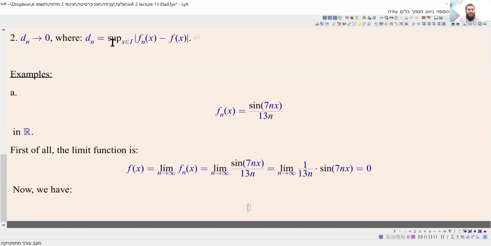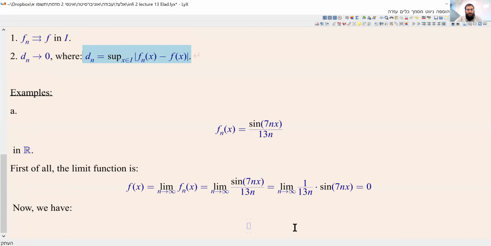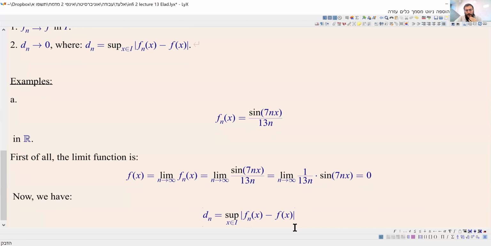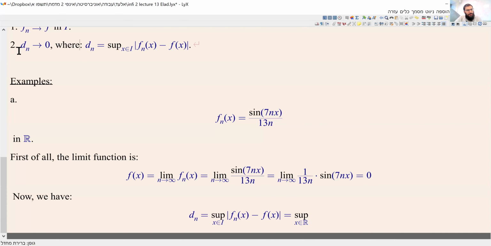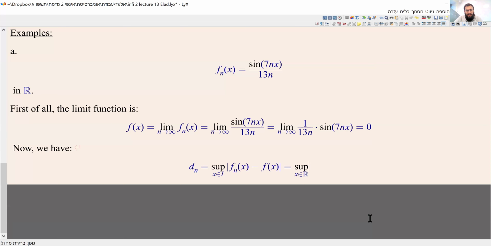This dn is the supremum of the difference between fn and f, and the condition of dn going to 0 is made up of two steps, just like the improper integrals.